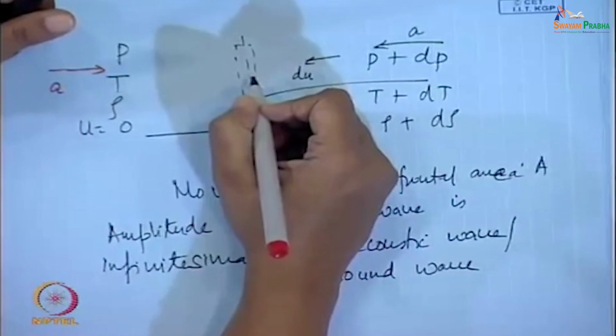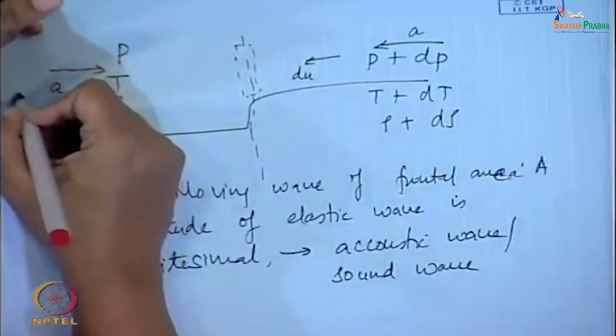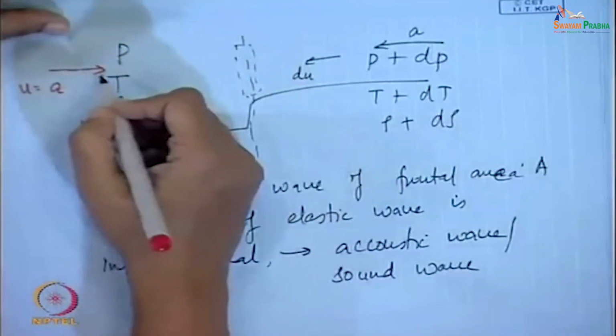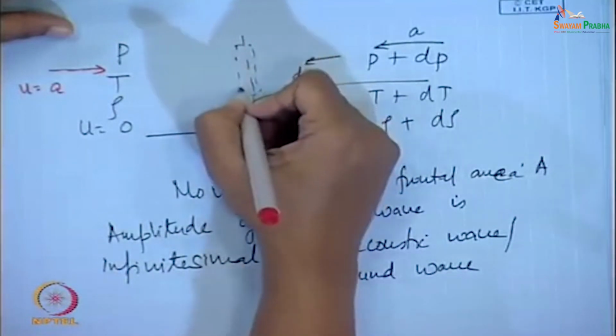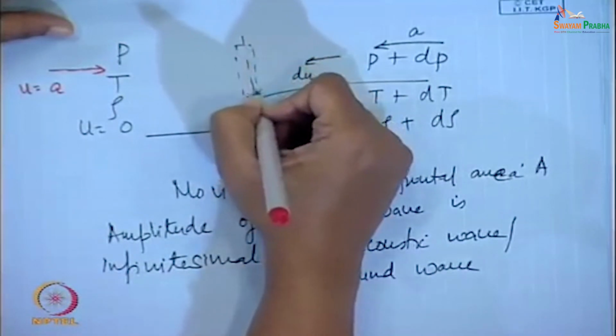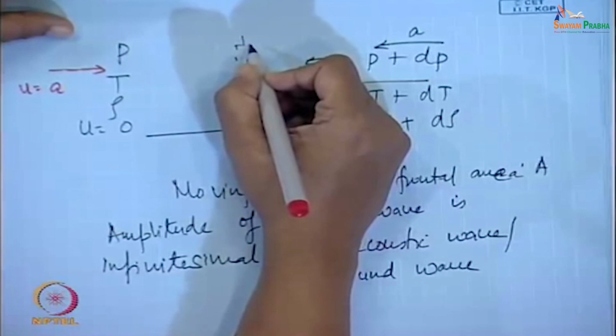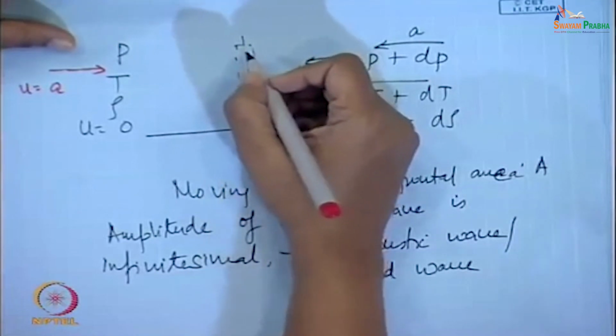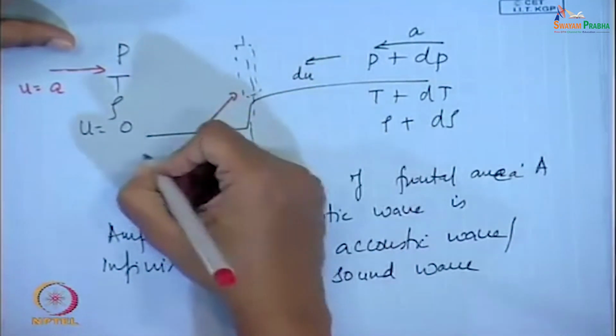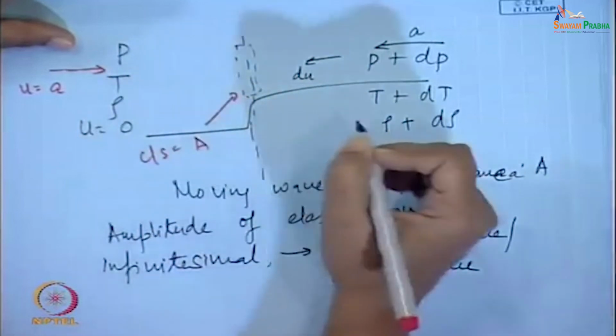Moment we do this, we find that the pressure pulse becomes constant at any particular location. The pressure pulse has a cross sectional area of A.